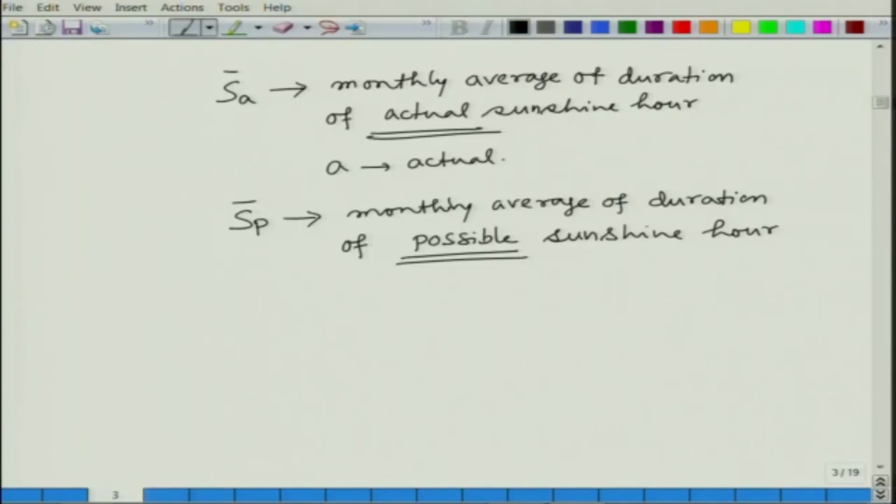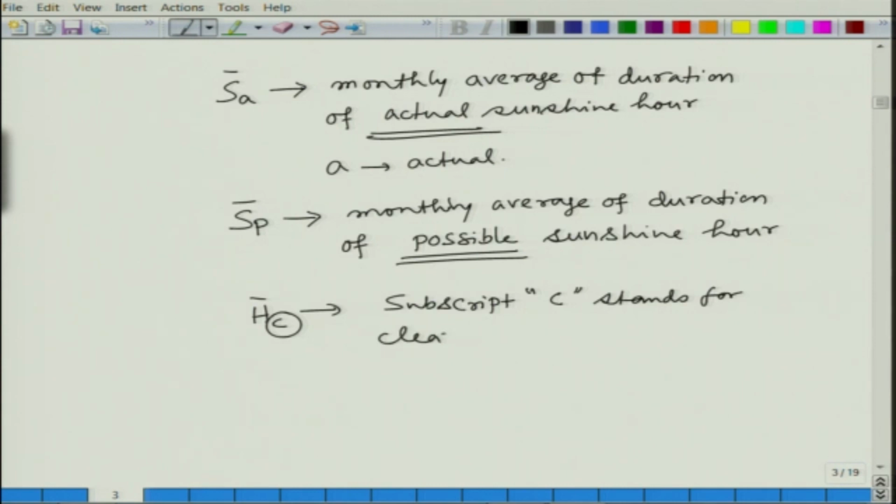Now, another thing I need to mention here, this subscript C. This subscript C stands for clear sky.